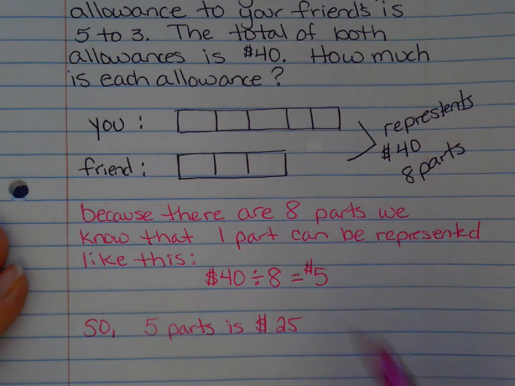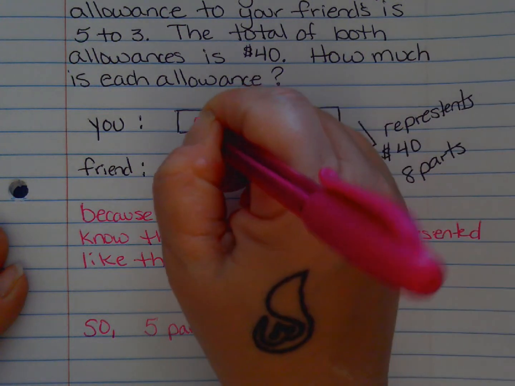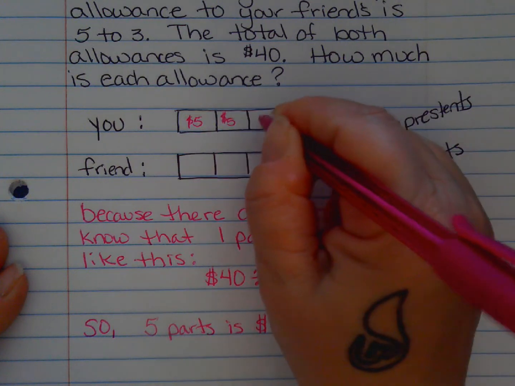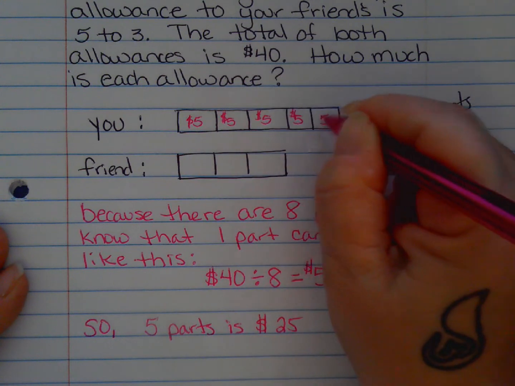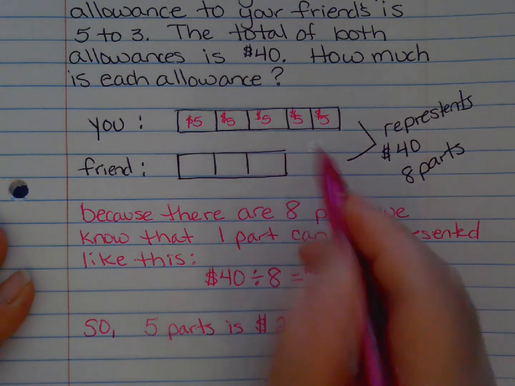Because 5 times 5, if each one of these is $5, $5, $5, $5, $5. Oh boy, that was annoying, right? Then that means this is $25.